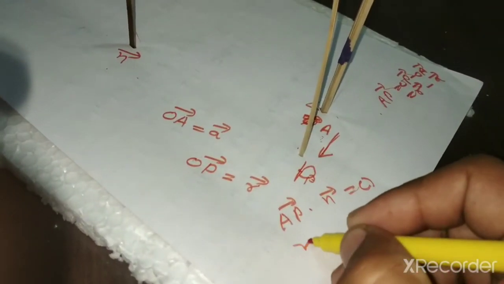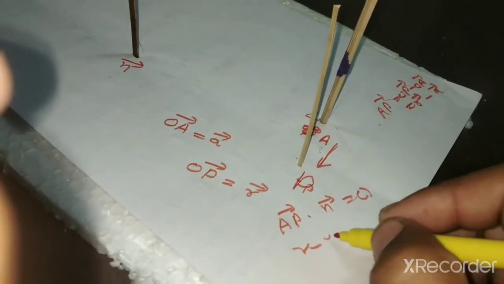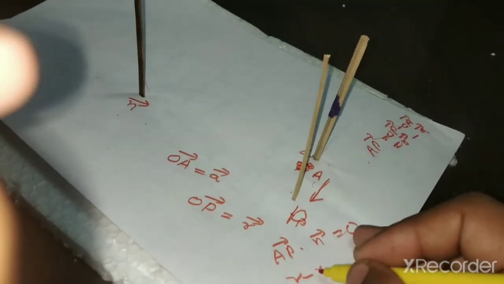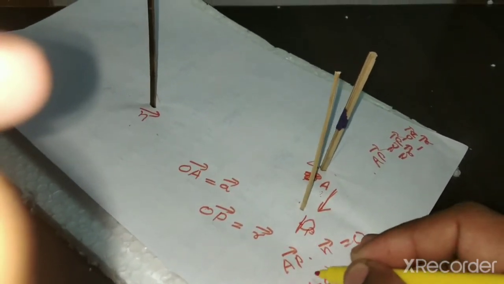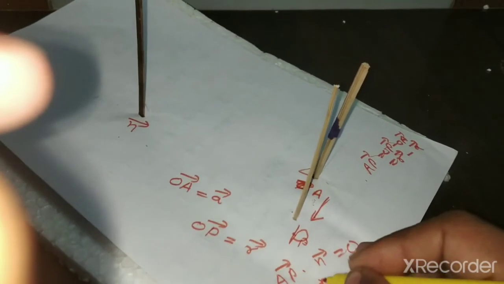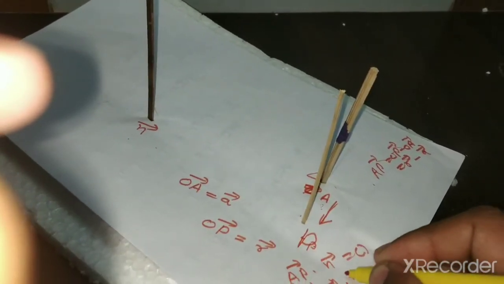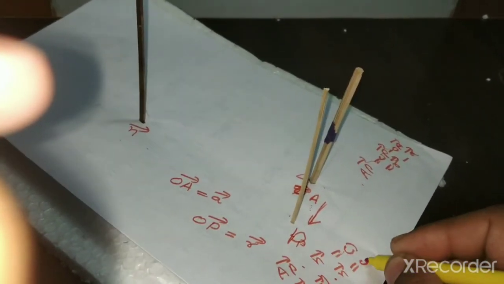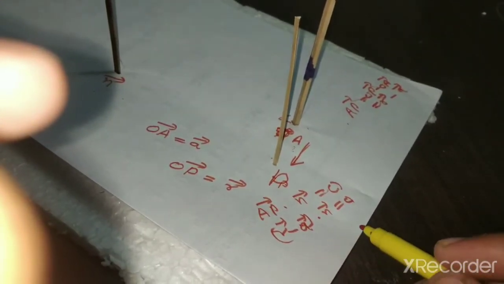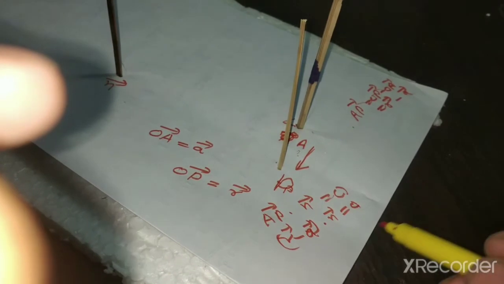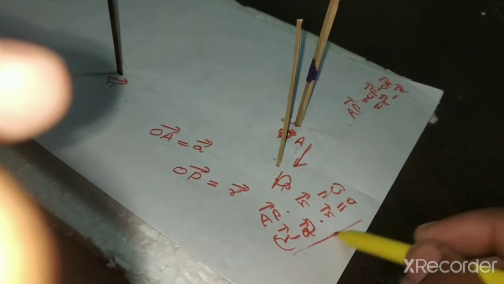That means (r minus a) dot n vector equals 0. (r minus a) dot n vector equal to 0 is the equation of the plane.